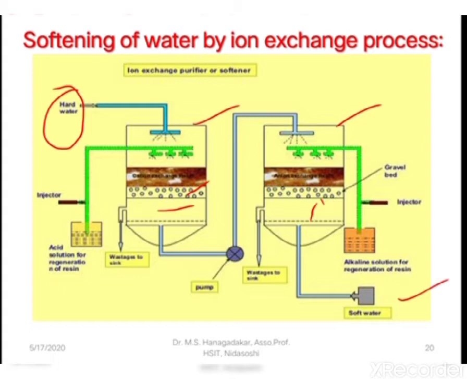Acid solution is used for the regeneration of cation exchange resin, whereas alkali solution is used to activate the anion exchange resins. Once again, the resins become active for continuing the demineralization process. The mechanism of the ion exchange process is explained in detail in the next slide.